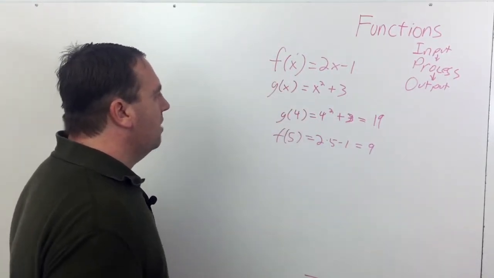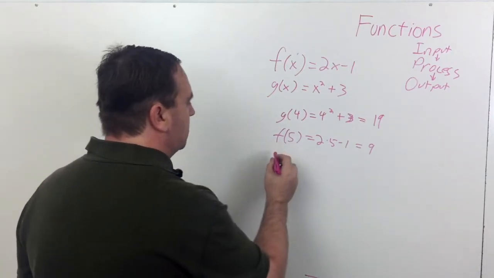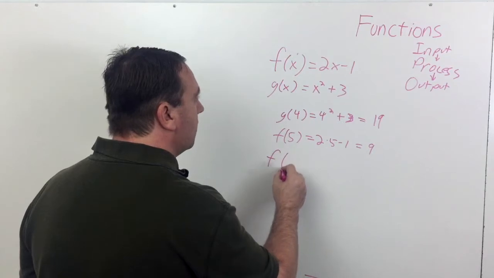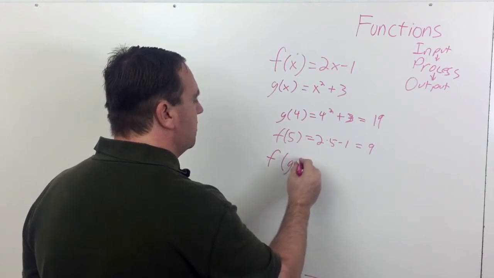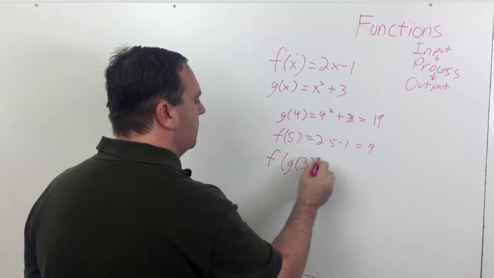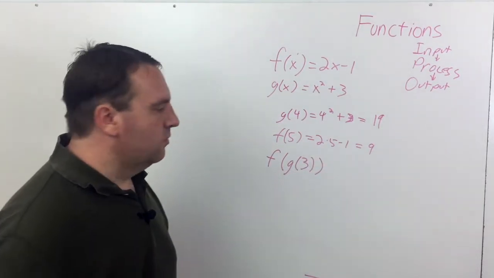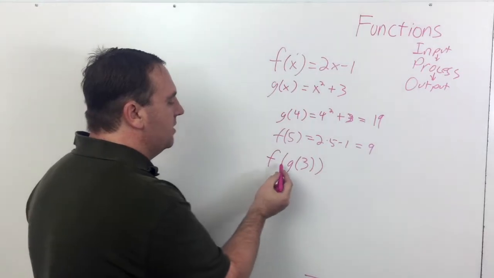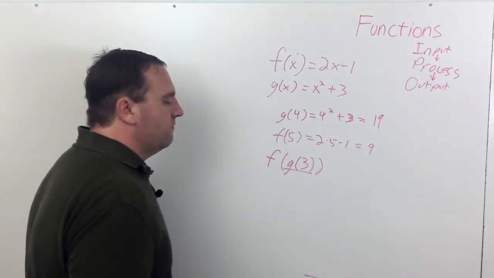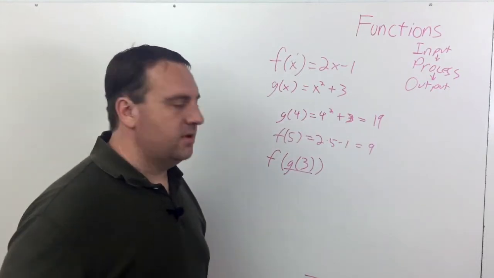So let's do a more complicated one. Let's say we want f of g of 3. Okay, so what does this mean? Well, this means our input to f will be the result of processing g with the number 3.